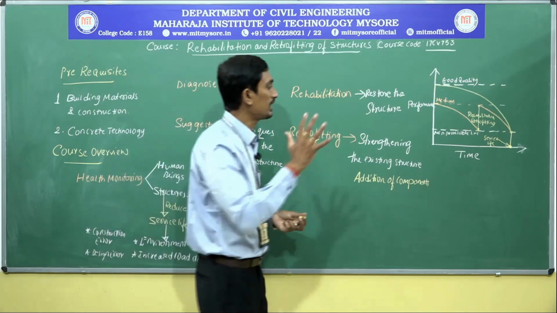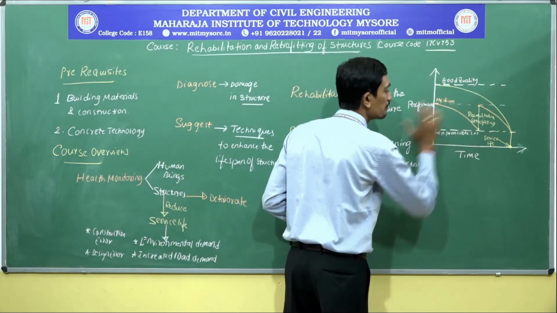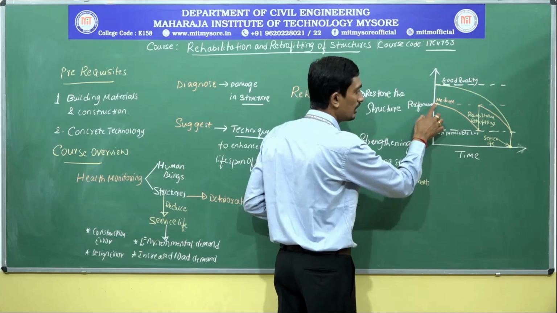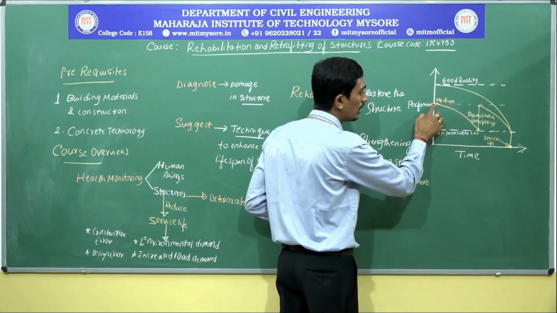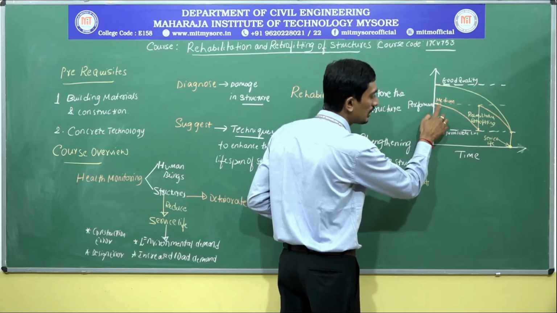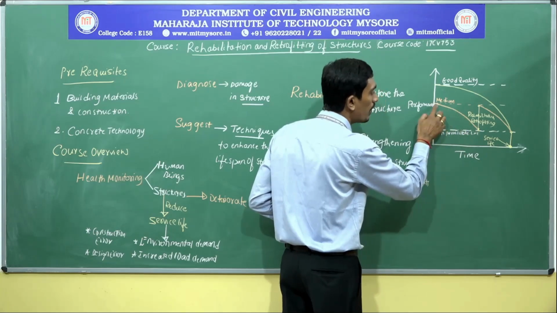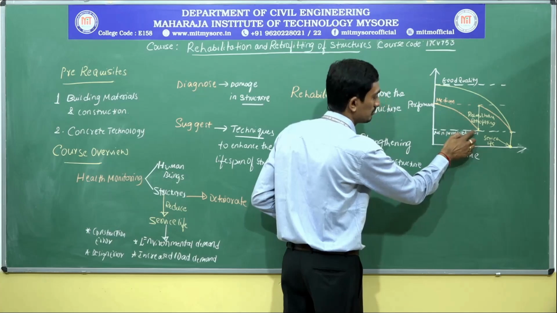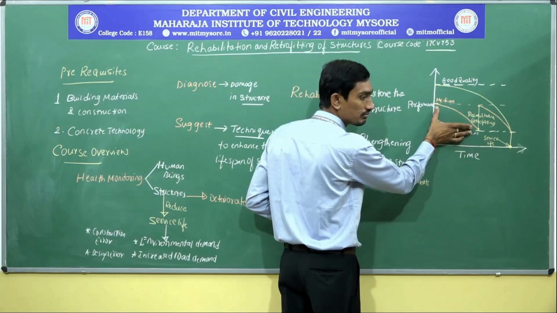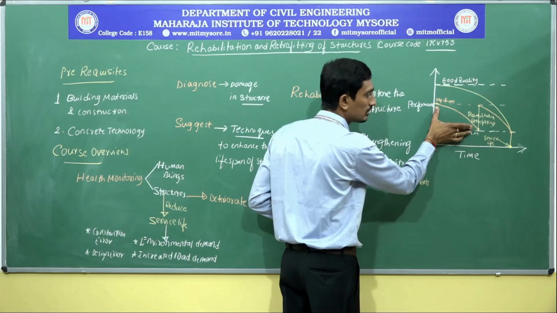So your entire course lies in this part. You will start from here and see why the graph tends to decrease, that is, why the structure tends to deteriorate. So your subject, your course, begins with why it tends to deteriorate.